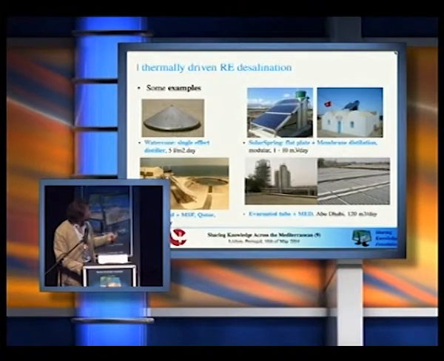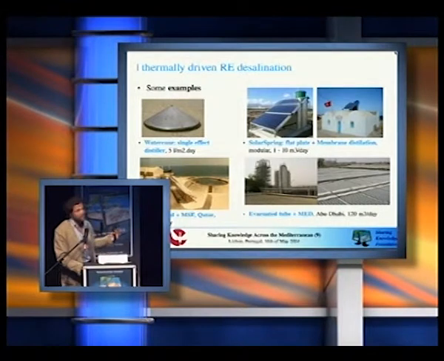This solar pond was providing heat to a multi-stage flash system. This system is installed in Qatar and had a production of 19 cubic meters a day. And the last one, with a higher capacity, combines evacuated tube collectors with multi-effect distillation. It's installed in Abu Dhabi and stands for a production of 120 cubic meters a day.